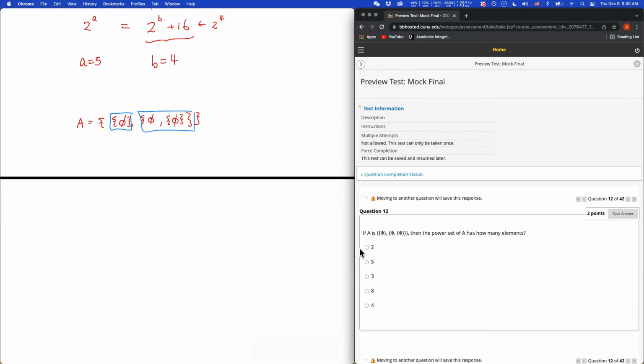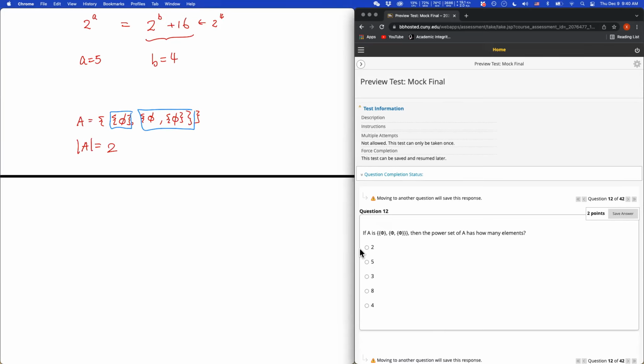So you know set A has only 2 elements. And since set A has only 2 elements, then the power set of A will have 2 squared elements, so that will be 4 elements.